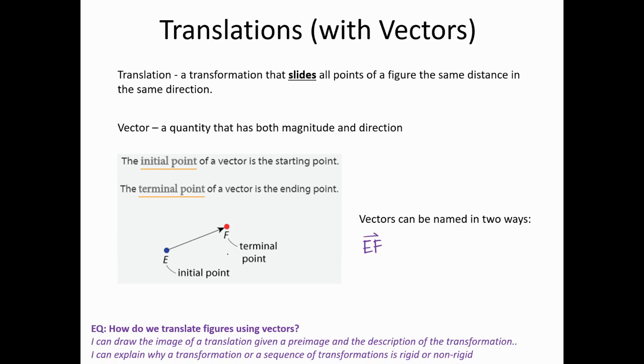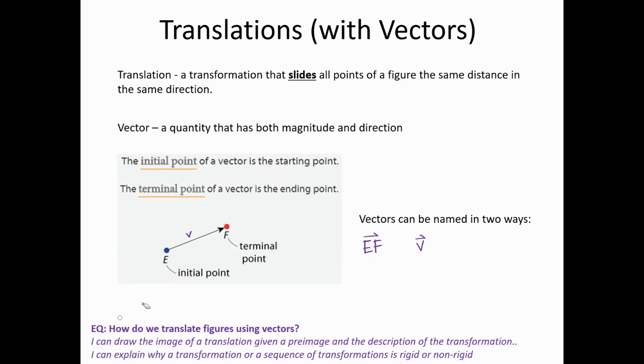So I have to follow the direction of the vector, just like a ray, same kind of idea, except a ray goes forever. A vector stops. All right, the other way I could is if there's a letter here, like V for vector, then I could say this is vector V, and those will be a lowercase letter.